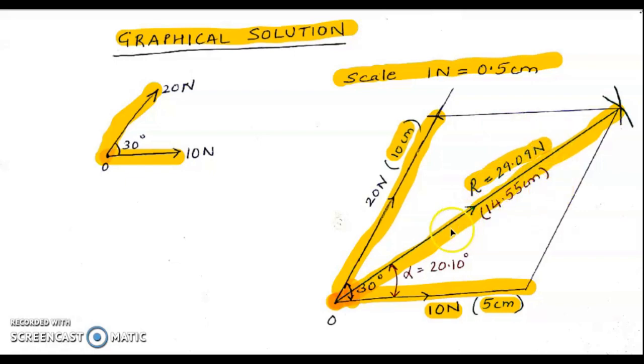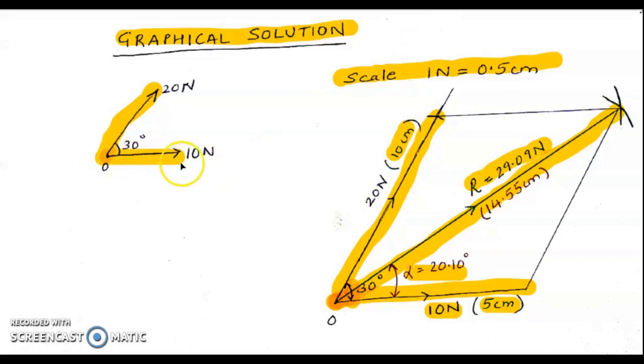To get my resultant in terms of direction, I have to measure the angle from the line representing one force to the diagonal representing the resultant. I'll keep my protractor at this point and measure this angle. If I measure that angle, I get the angle made by the resultant to be 20.10 degrees.